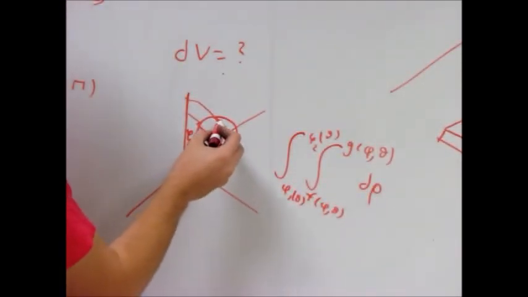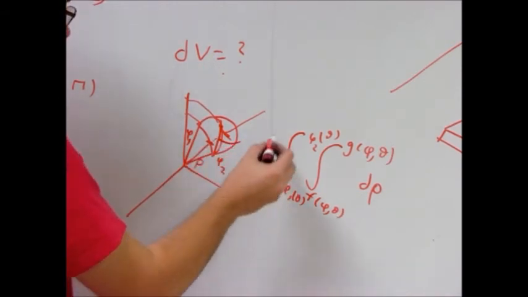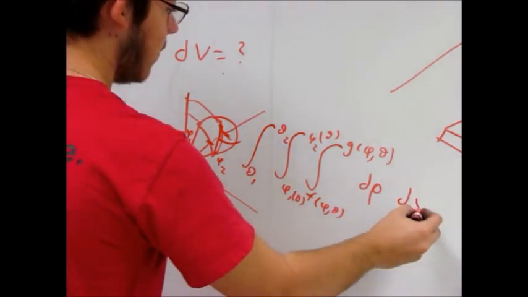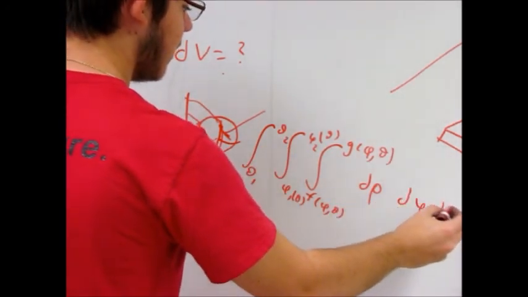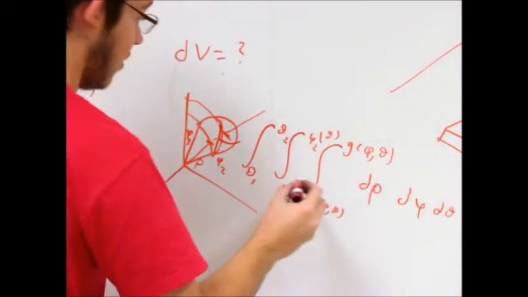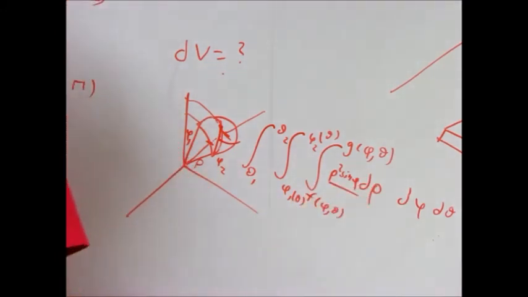And then of course, you want to see where does this theta start, and then how far does it go? So theta 1 to theta 2. And of course, there's also going to be this part as well, rho squared sine phi. So this is how you do it in general, in spherical coordinates.